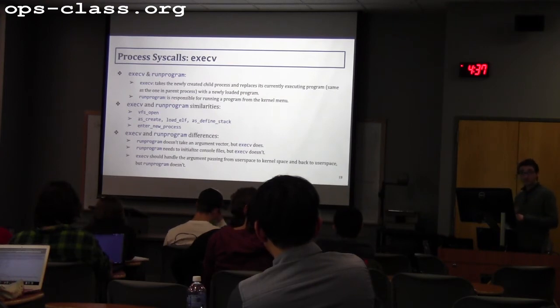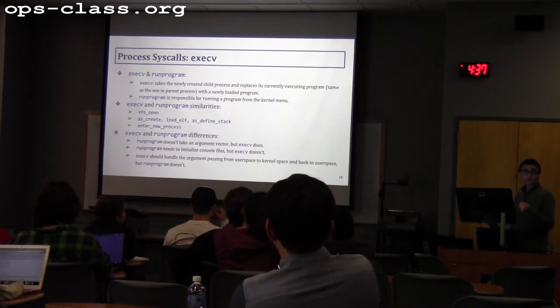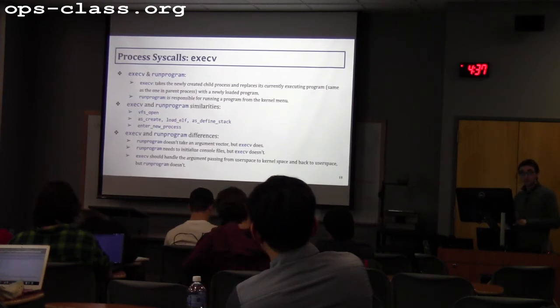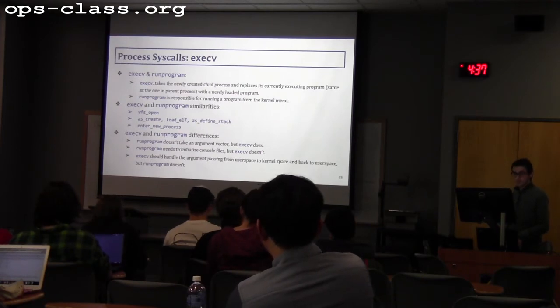Runprogram doesn't take an argument vector. With execv, if you see the signature, you're getting an argv pointer to an array, which is the argument vector. That's what you're receiving with execv, but you're not receiving with runprogram. Runprogram needs to initialize the console files; you don't need to initialize console files with execv.